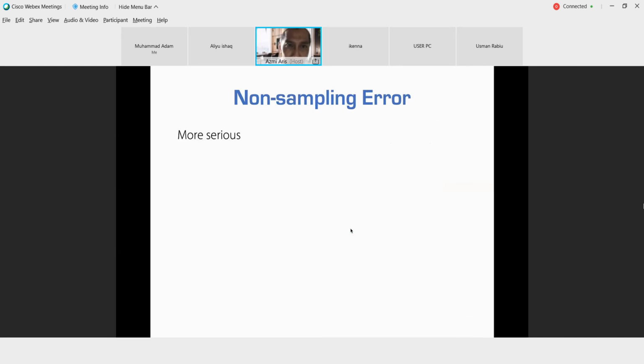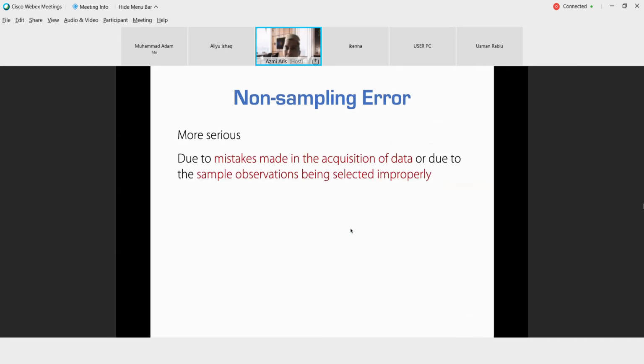But for non-sampling error, this is something which cannot be rectified by increasing the sample size. This is normally due to the mistake made in the acquisition of the data, or due to the sample observation being selected improperly.